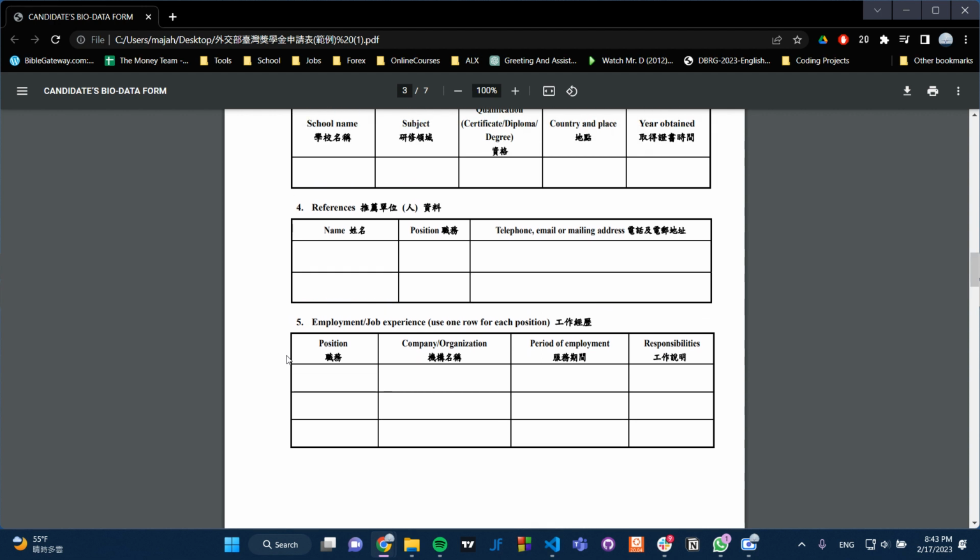Now, we move on to references, the most important part of this application. I mean, it's one of the most important parts. So, the references here, I'll advise people to use their high school teachers or university professors for this part because those people, we are guaranteed that they do check their emails or they have their cell phones with them from time to time, and most important, they know how to deal with these things.